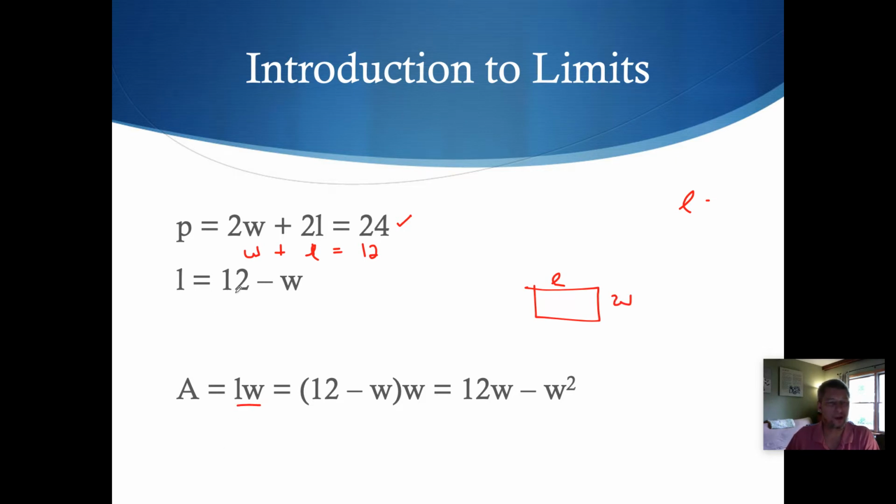I just figured out that my length is 12 minus W, so that goes here times W. If I distribute the W term, W times 12 is 12W, and W times W is W squared. And so the formula for the area inside this rectangle with a perimeter of 24 is going to be 12W minus W squared.